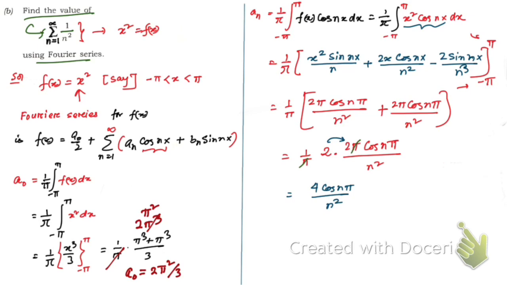So the value of cos n pi will be given by minus 1 whole to the power n, right? So we have got a naught and an, but we need to find bn now.